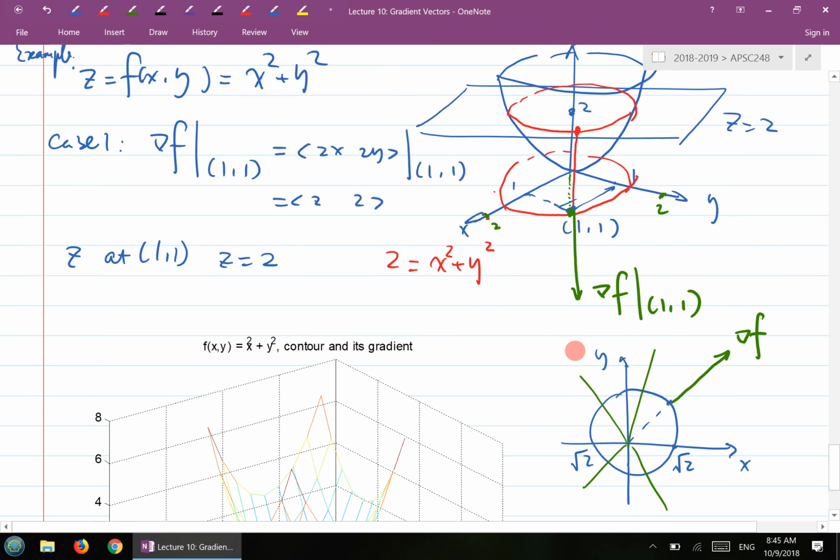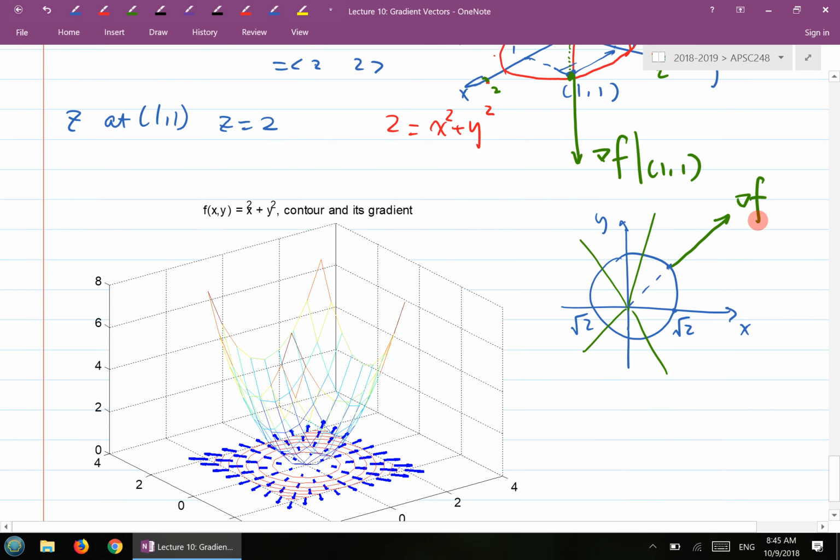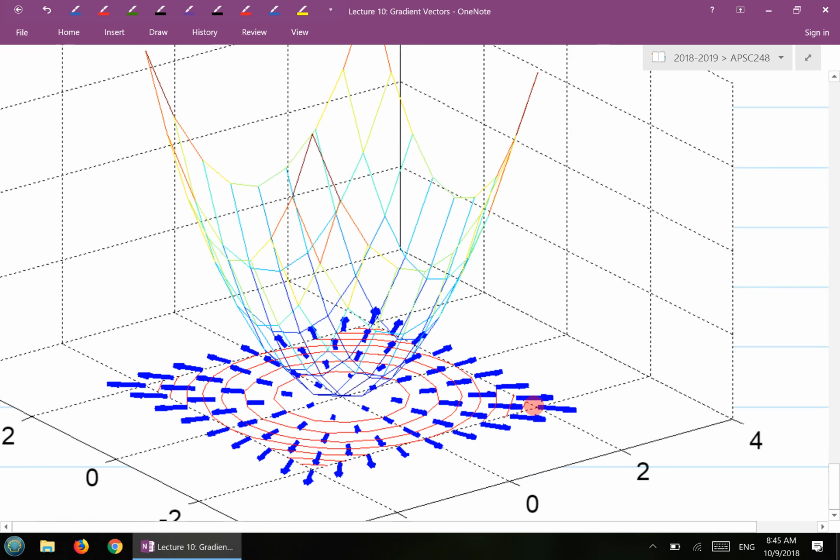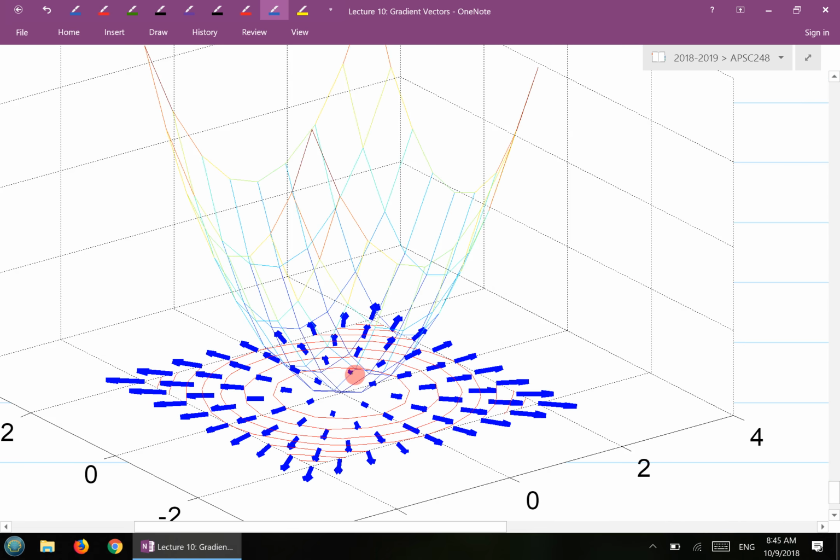So in this simple case, a function of two variables, I sketch a gradient vector, which is a 2D vector. This is an illustration again. If I zoom in a little, you can see that if you have a whole bunch of level curves and gradient vectors, they are all essentially radial arrows pointing outwards.